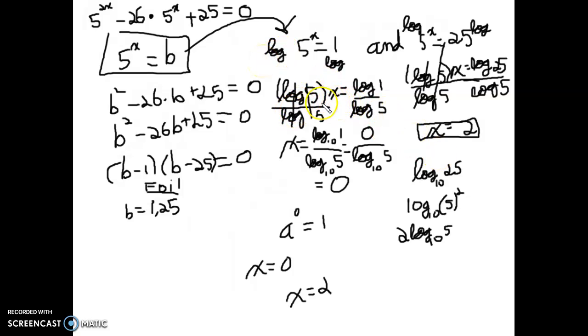And then after that we were able to take the log, find the actual value of x, and then get our answers, which are right over here.